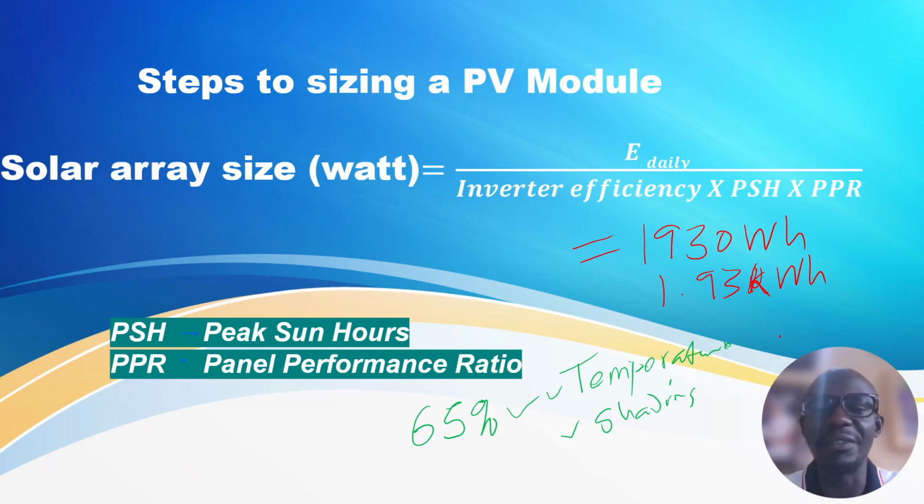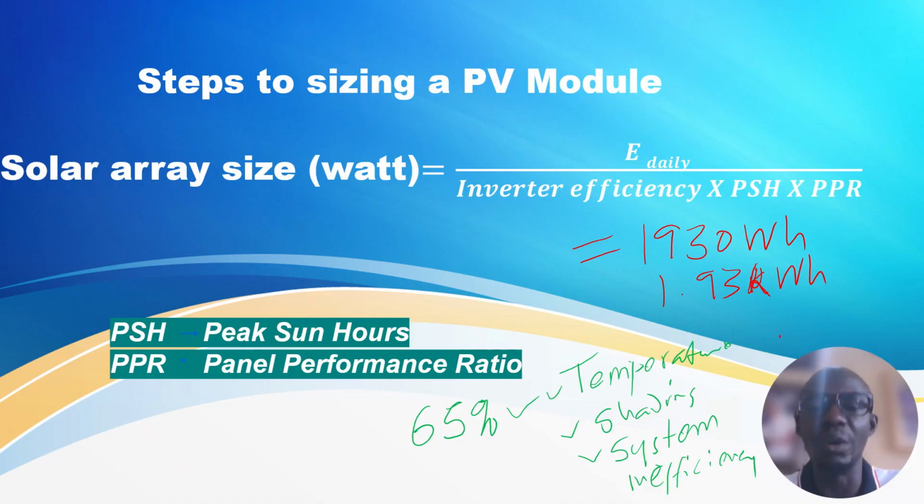All these parameters affect the rate at which a panel will perform. Then the system inefficiency too, maybe due to design. All these parameters can affect the performance of your panel.